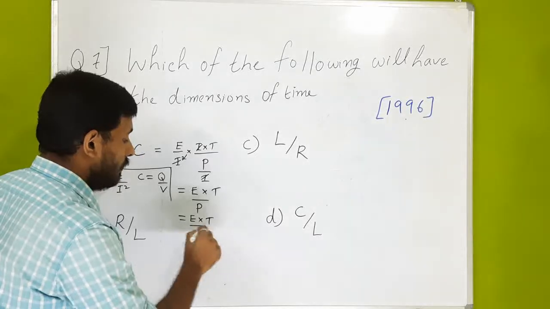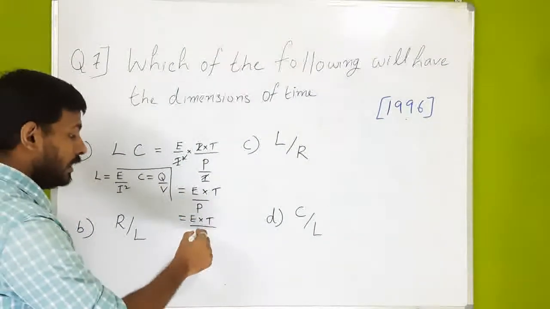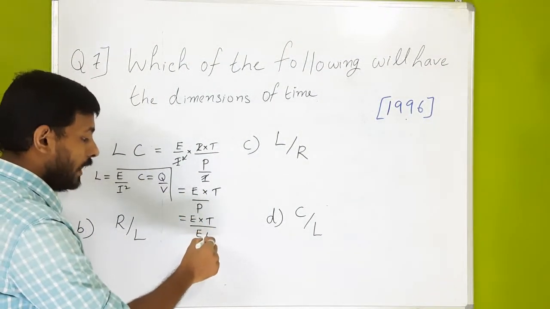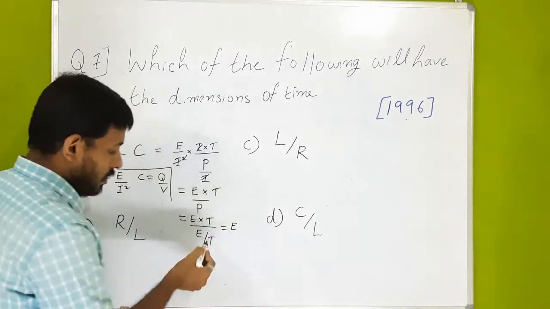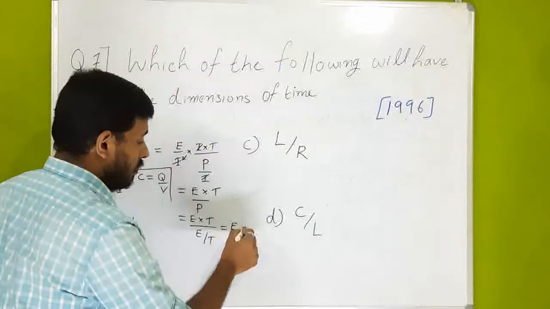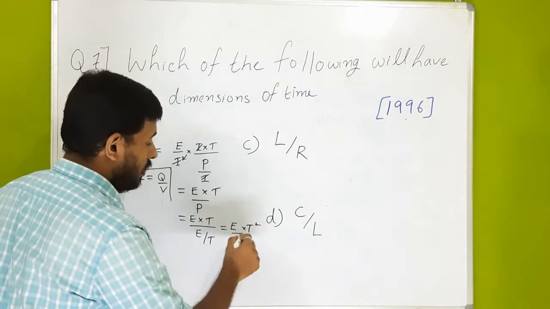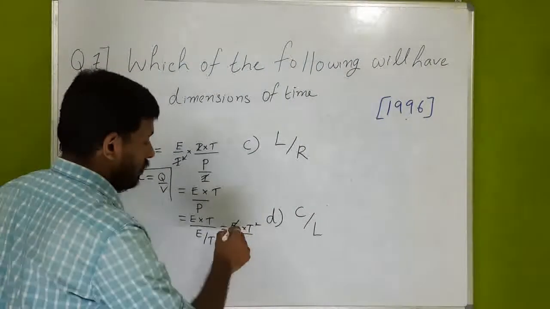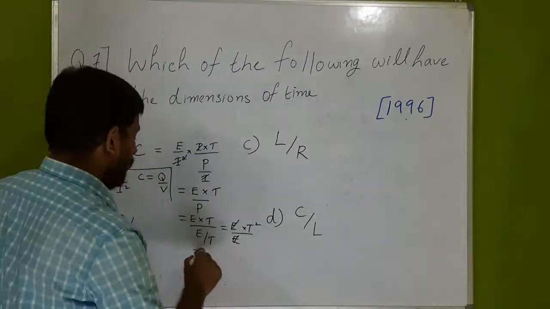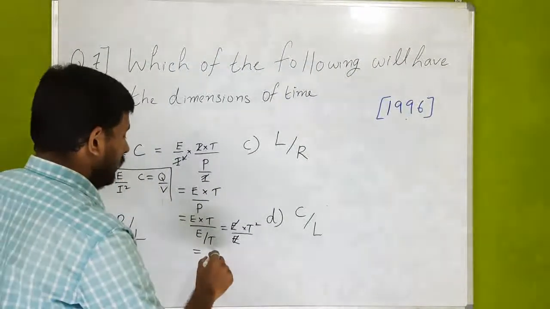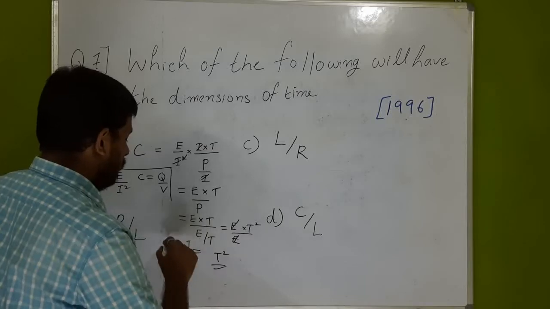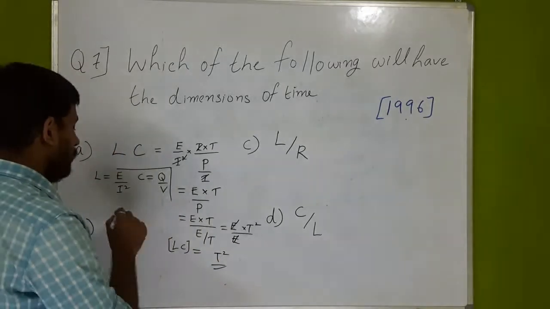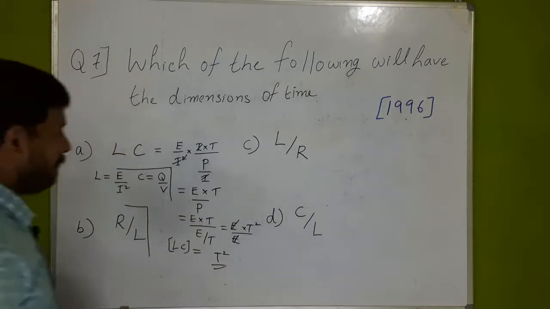Therefore energy into time divided by power is energy into T square divided by energy. E and E get cancelled, and therefore the dimension of LC is equal to the dimension of T square.